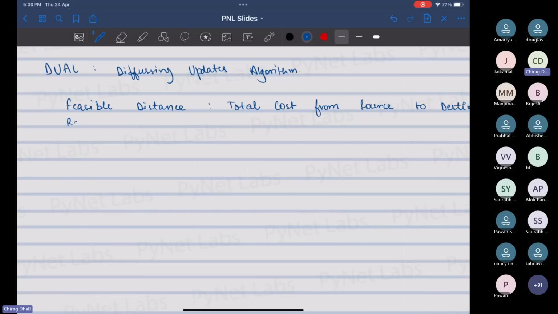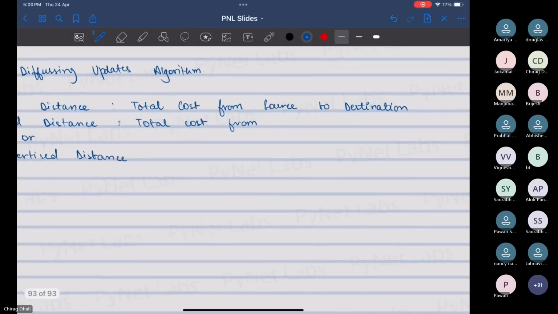Then we have reported distance, which is also known as advertised distance, which is the total cost from neighbor to destination.